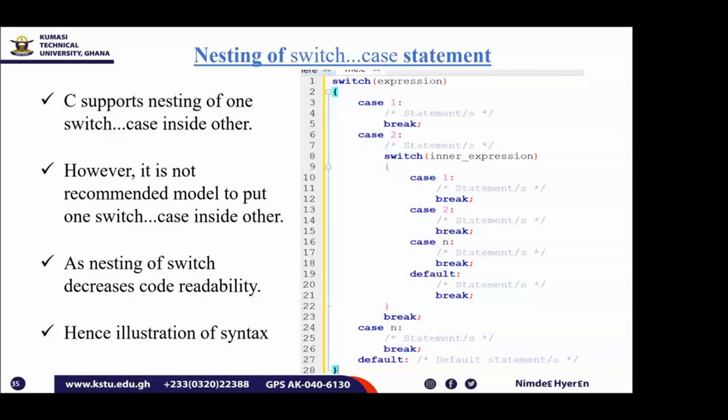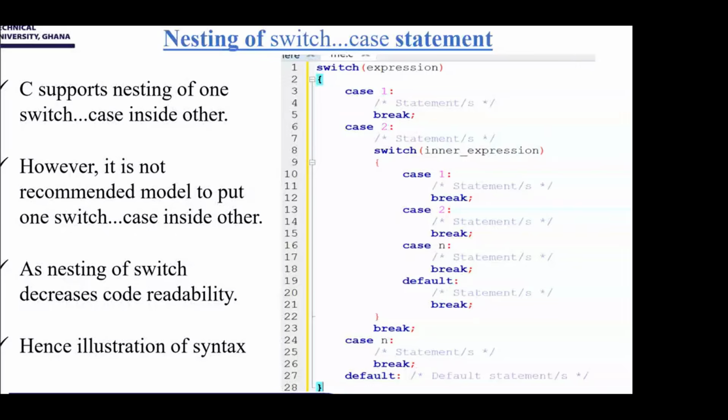Now, just as we looked at the nested if-else statement, we also have the nesting of switch case, where you can have a switch case within another switch case. So when you look at this here, you have a switch and a default at the bottom. Then you have case 1. Then we have case 2.